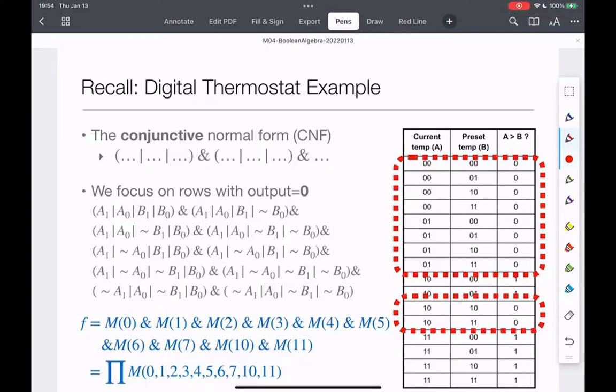So if I am in this row, then max term number 2 will have the value 0, and all the others will have 1. But since one of the max terms is 0, the function is 0, which is what we want, because we are looking at max terms for the 0 rows.